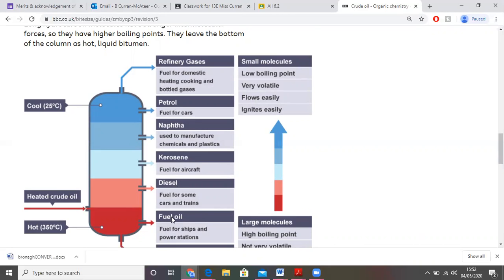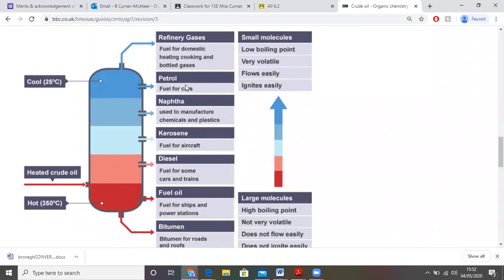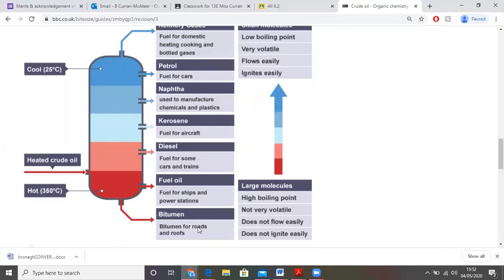So the chains are getting longer, the molecules are getting bigger each time, but they're not split up into individual molecules. It's just grouping them by their size or by their boiling point, because the bigger molecules have high boiling points. Bitumen, I think, is carbons above 80, so a chain 80 carbons long. That has such a high boiling point that it doesn't boil at 350 degrees, so it's removed from the bottom here.